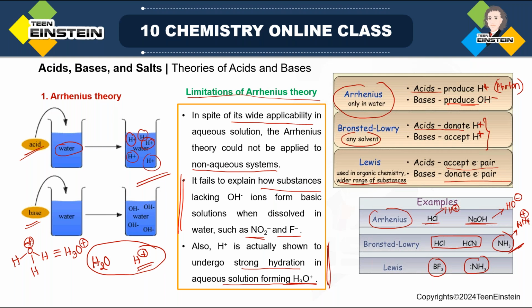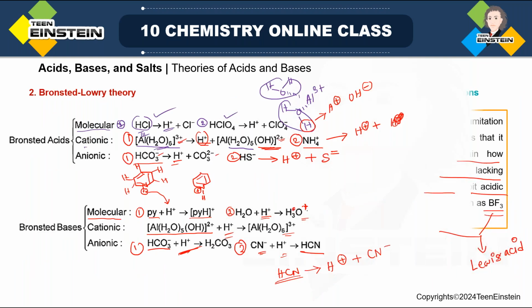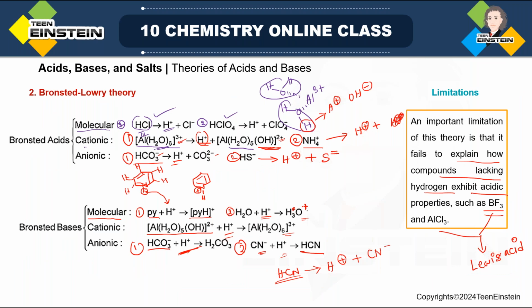But that problem is solved in Bronsted theory, because now for base, it is not necessary it has to have some OH. Simply it can accept H plus, you can call it Bronsted base. So limitation of Arrhenius can be solved by Bronsted, and the limitation of Bronsted can be solved by Lewis.